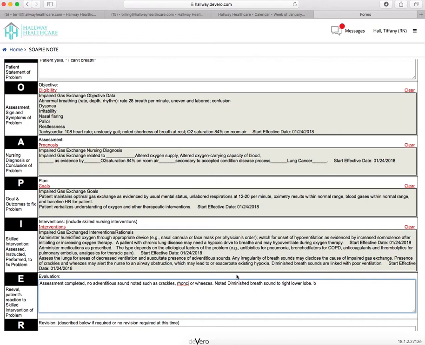Let's see, and then we administered his rescue inhaler, and so effective response to albuterol inhaler and oxygen therapy by respiration decreased to 19 breaths per minute, even and unlabored.